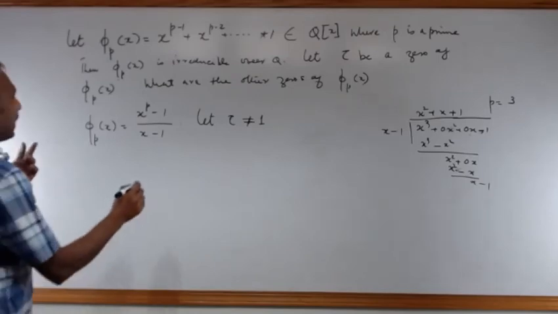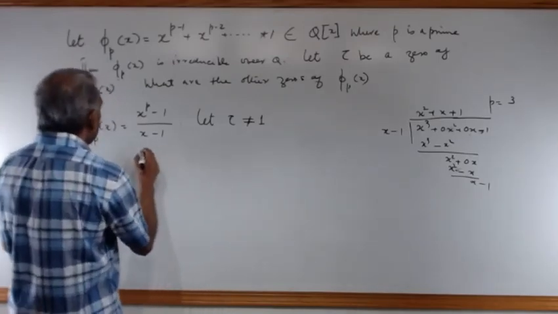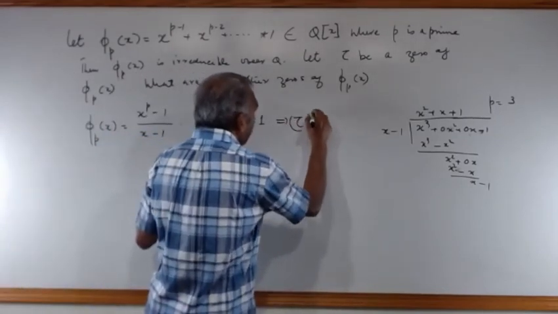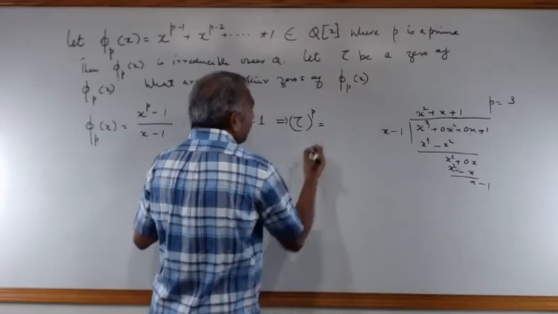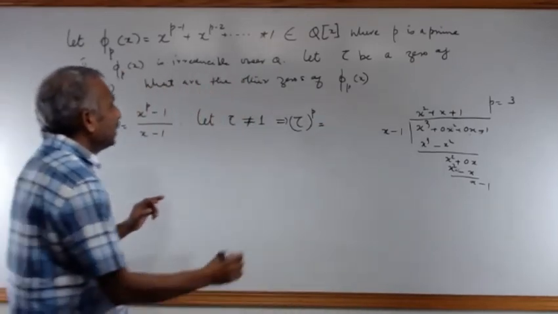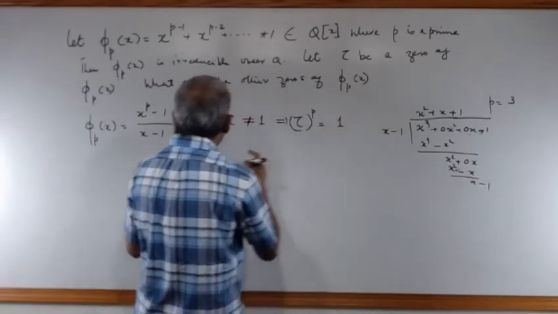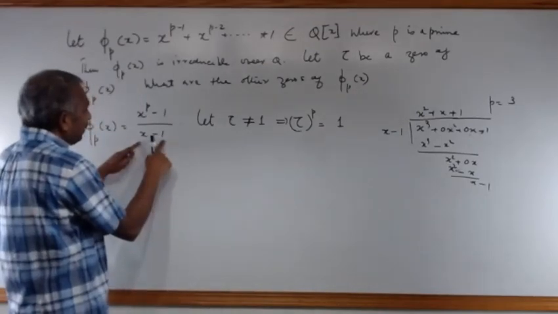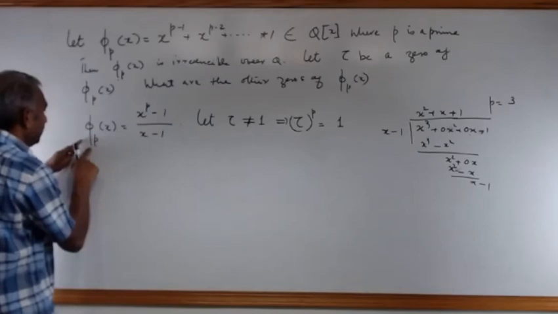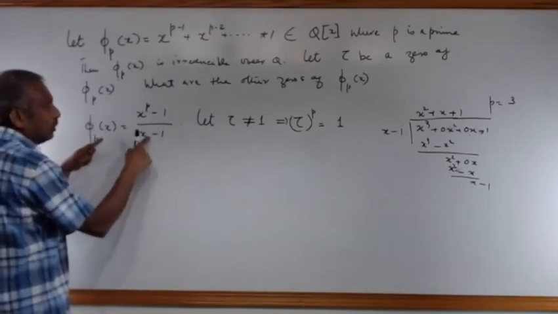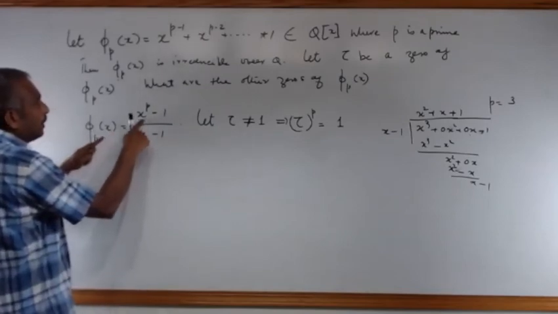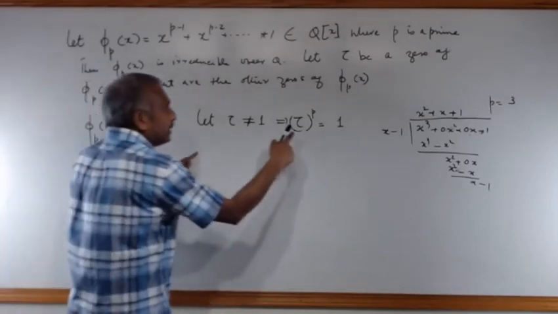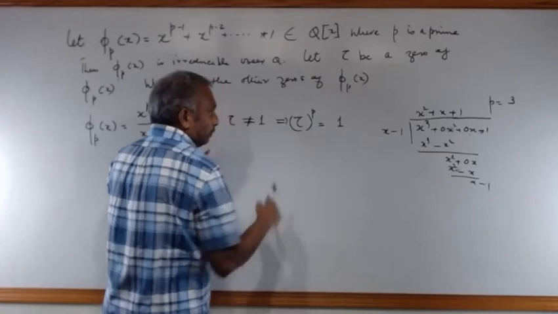So what does that mean? That implies ψ to the power of p is equal to 1. If ψ is not equal to 1 and Φp(ψ) is equal to 0, then ψ^p minus 1 equals 0, that means ψ^p is equal to 1.